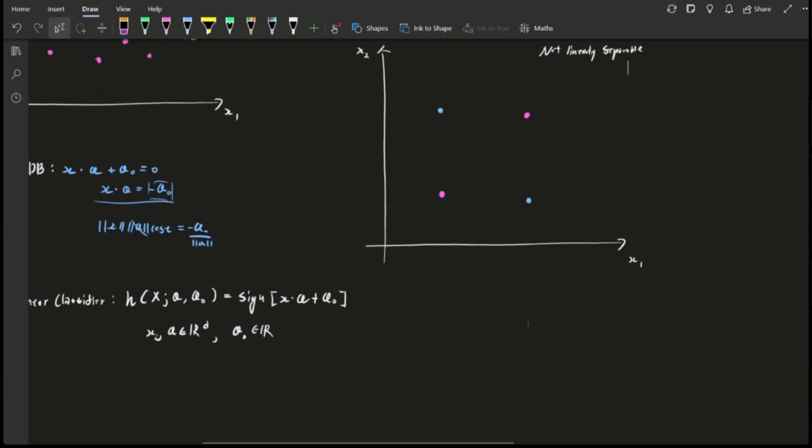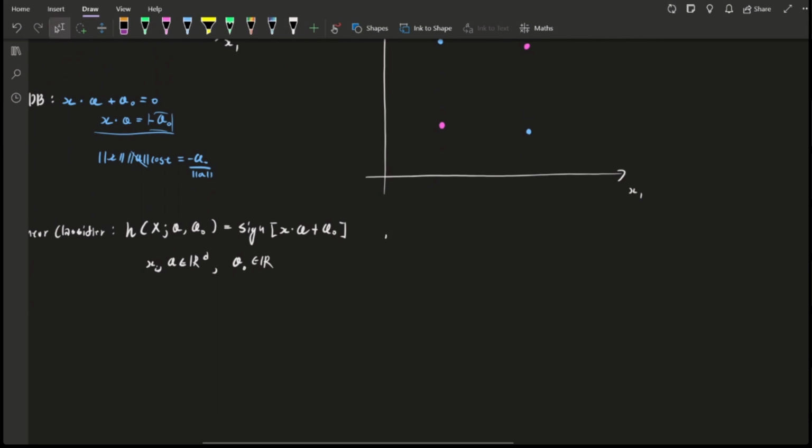Okay, and we can actually write down a slightly more formal definition for linear separability, right? So a data set, call this Sn, and is equal to, again, the same expression, is separable if and only if this expression is true.